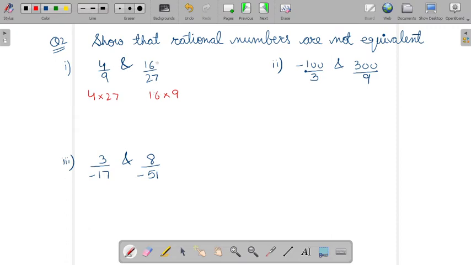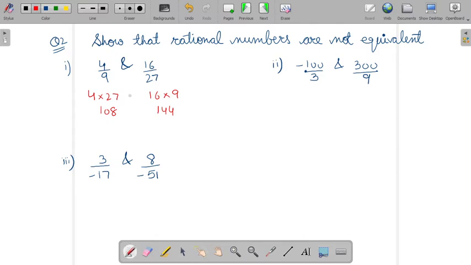So, cross multiplication. Let's see, 4 multiply 27 is 108, and 16 multiply 9 is 144. So what do you observe here? 108 and 144, both of them are not equal.